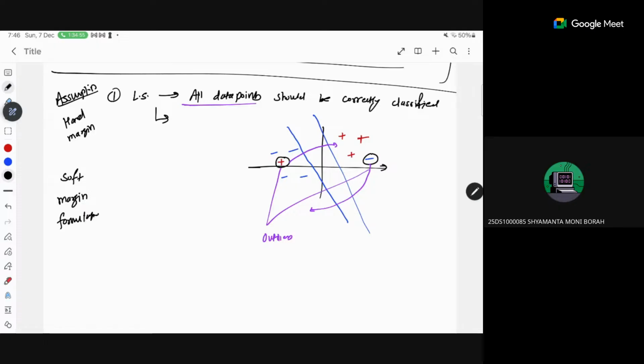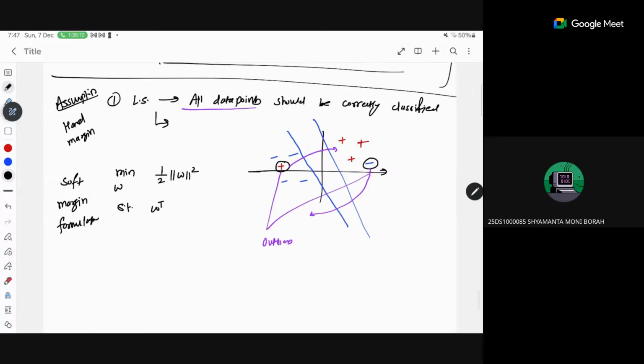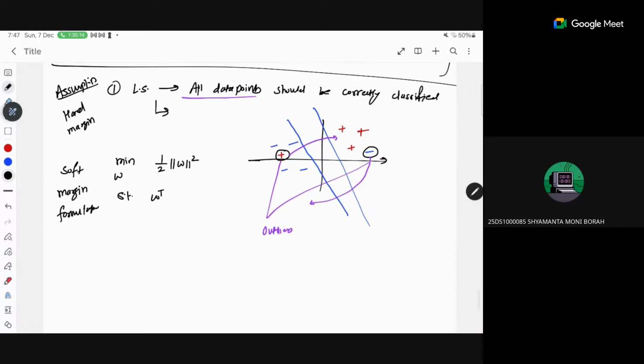And what was your hard margin objective? It was minimizing half of W square, and the constraints were W transpose xi yi greater than or equal to 1, right?